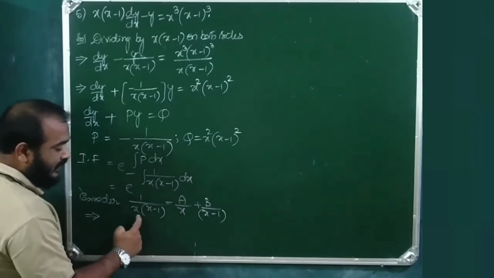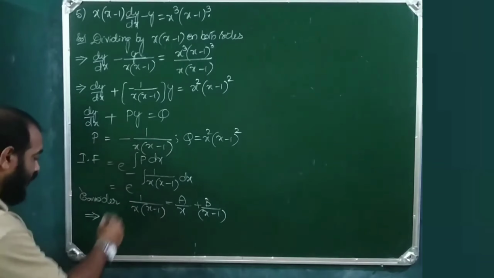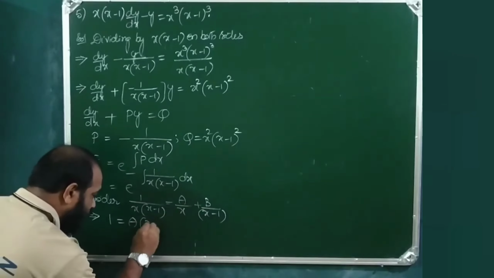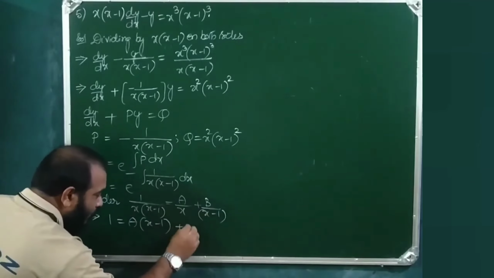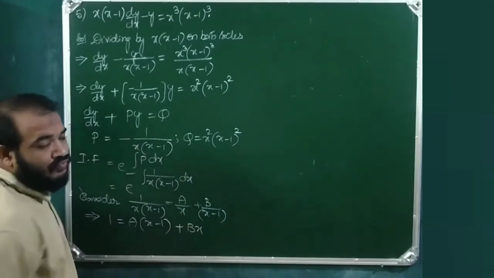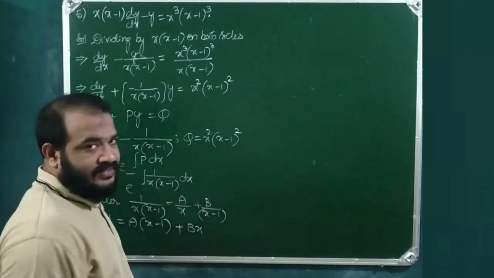So x into x minus 1 gets cancelled on both the sides. Therefore, we are left with 1 equals a into x minus 1 plus b into x. So here x, x minus 1 are linear factors.